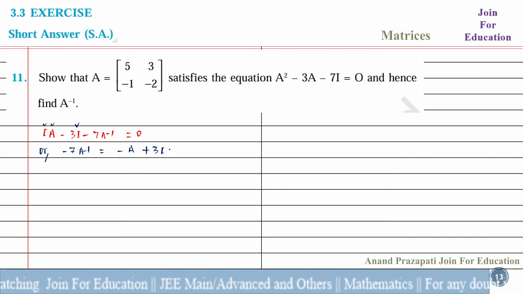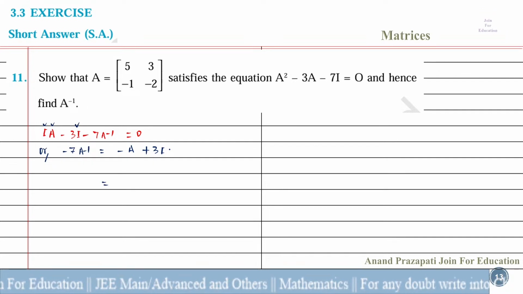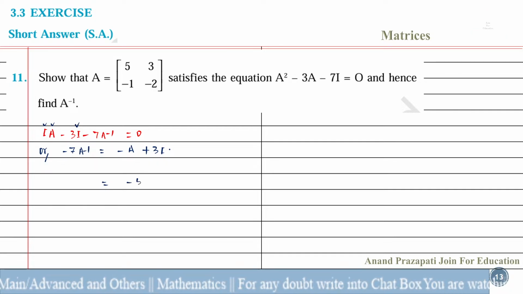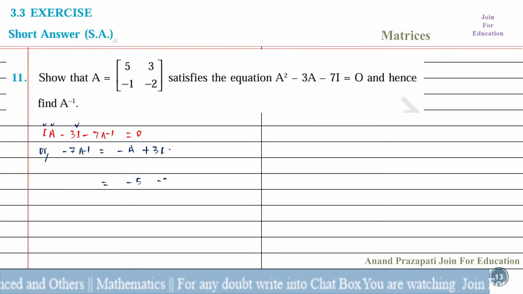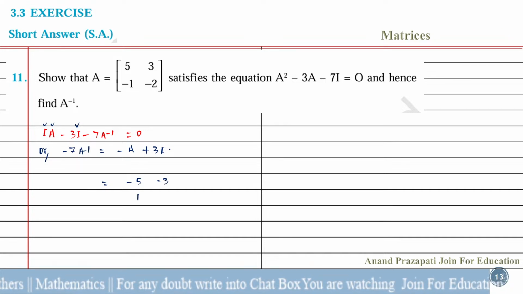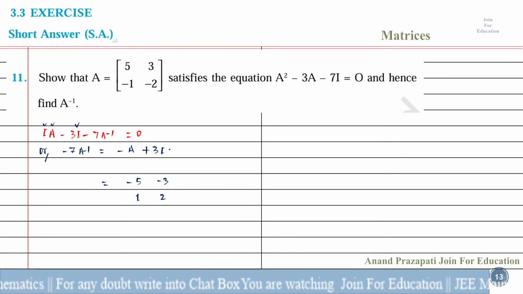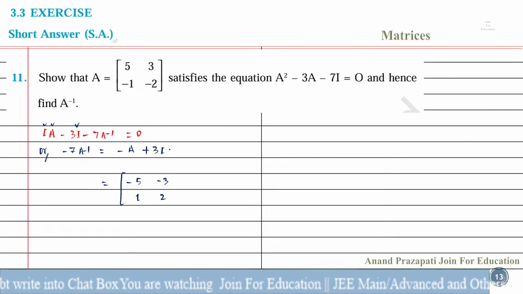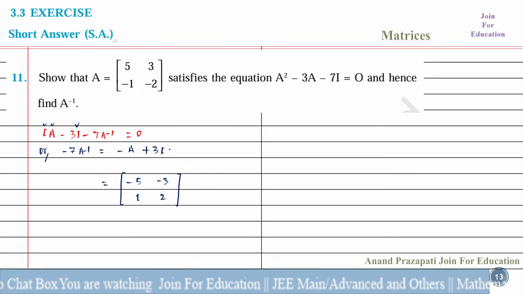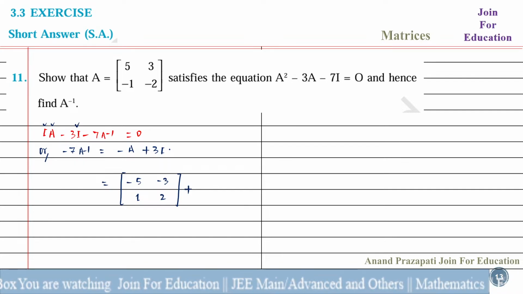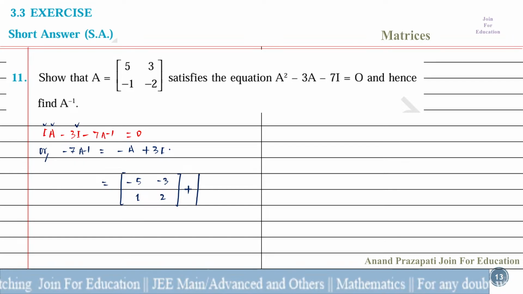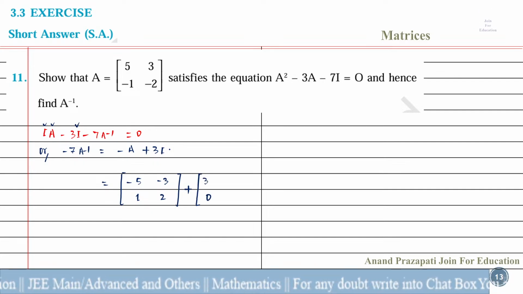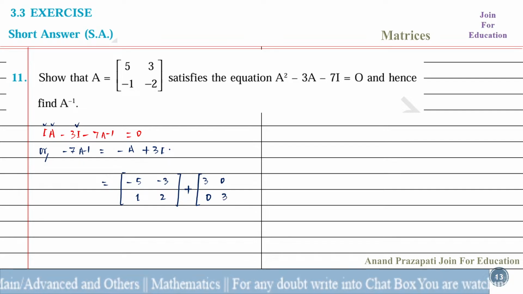Now we put the value of minus A equal to [minus 5, minus 3; plus 1, plus 2], plus 3I, it means [3, 0; 0, 3].